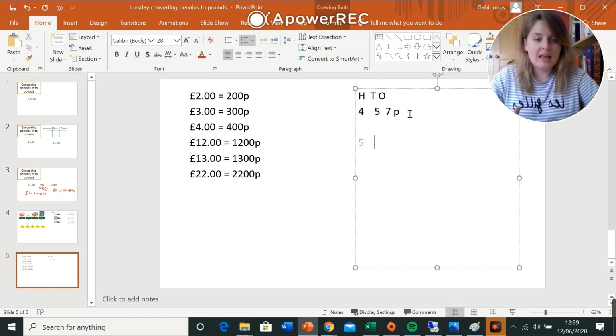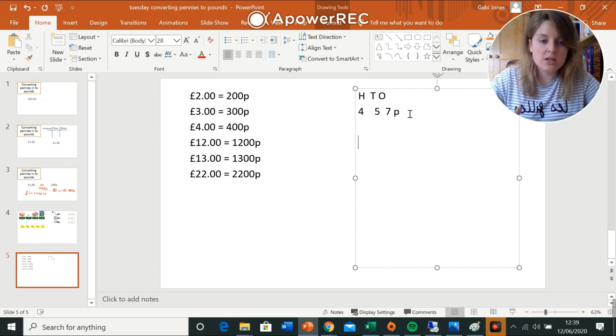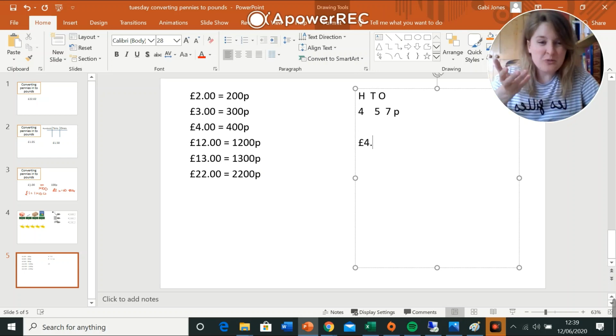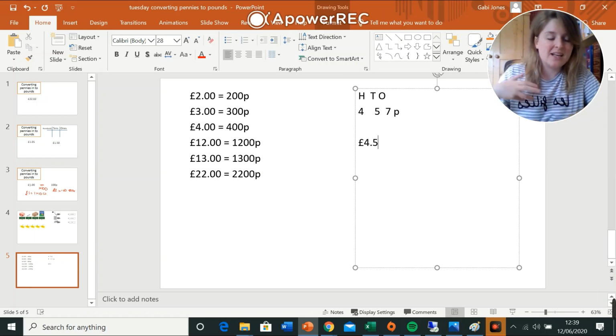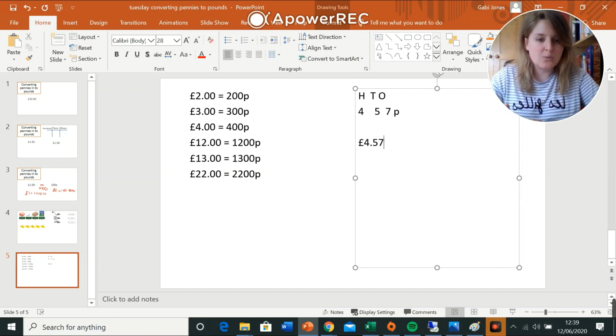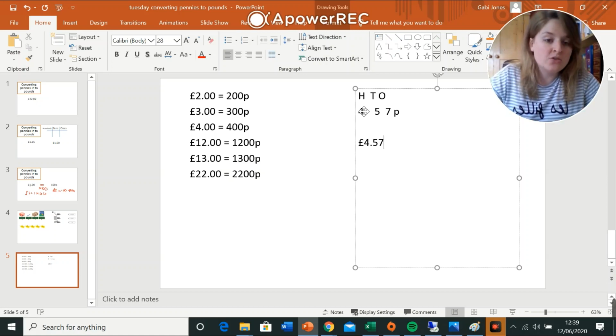So here I have got 400s, so I know I can make £4. Now 50 pennies, that's not enough to make £1, so I've got 50 pence. 7 pennies, that's not enough to make £1, so I've got to keep them as pennies. So we can see here that my hundreds becomes my pounds and my tens and ones becomes my pennies.